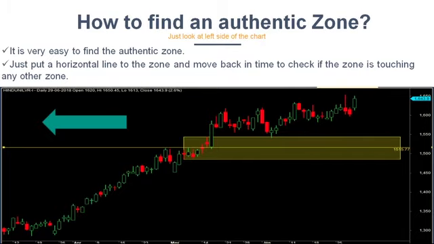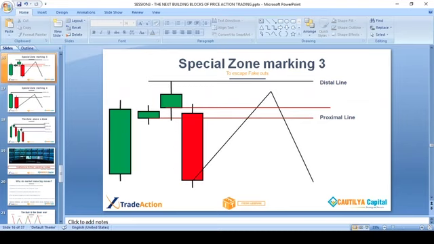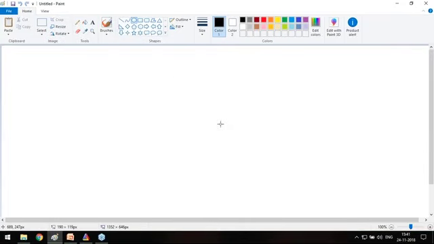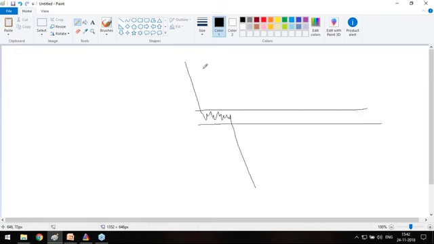I'm going to write an example now. Okay, friends, I'll go to a new page. Here it is. Now price is falling. In our example, you understood this and it came down. So this is the zone. Why? Drop, base, drop. Now I want to check if this is an authentic zone.